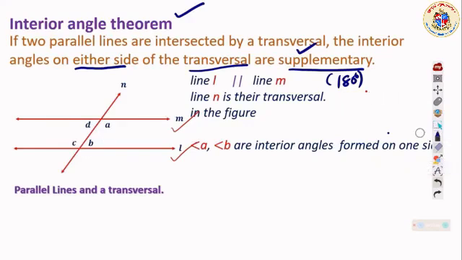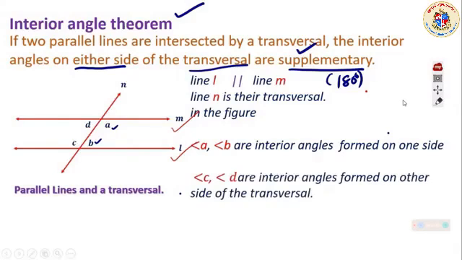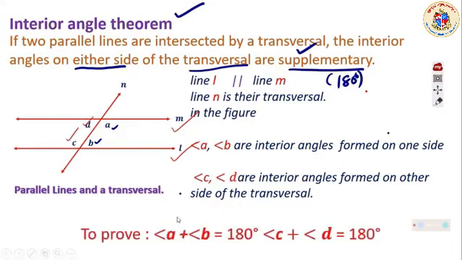and C and D are interior angles formed on the other side, then we are supposed to prove now angle A plus B is equal to 180 degrees, which is supplementary, or angle C plus D is equal to 180 degrees.